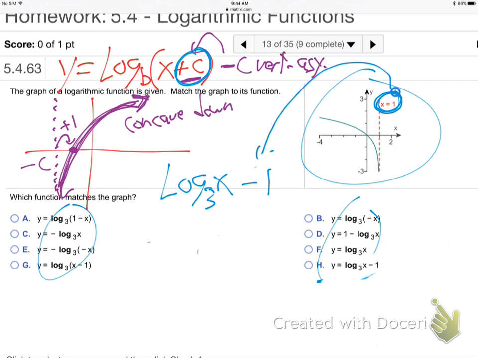Remember, anything that's not in the parentheses is outside of the plug-in. The hole's in the toaster right here, and that's subtracted outside of the toaster. Make sense? If they don't put parentheses, it's a y effector. It's outside of x's little world. That's down 1. That's not what we want.